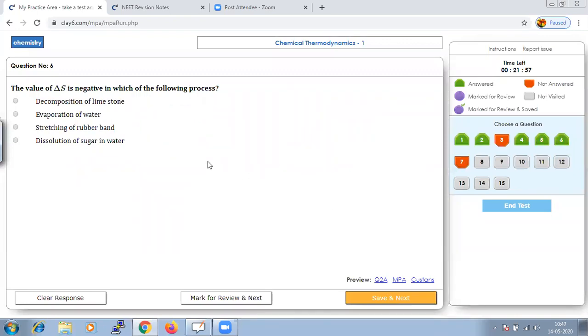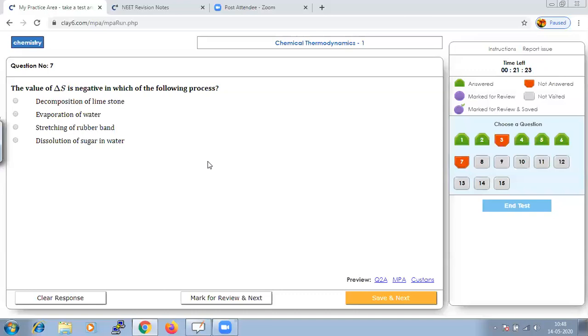The value of delta S is negative in which of the following processes? These are all examples of entropy, and we have to analyze whether the delta S value will be negative or positive. If I check the given options, the rubber band is made of long, flexible macromolecules that coil up in a random way.